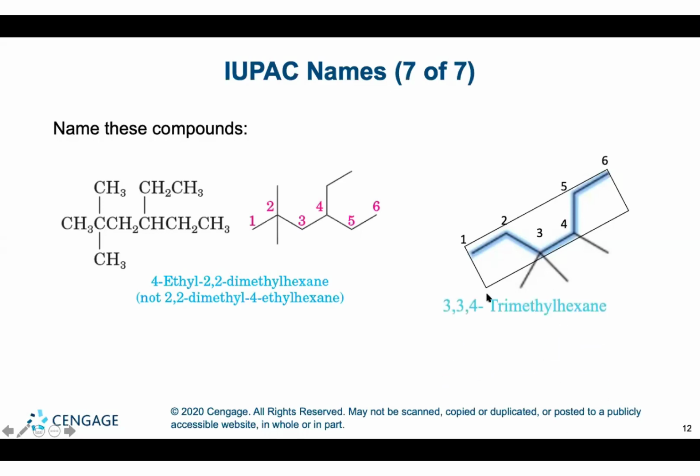So it's gonna be what? 3,3,4-trimethylhexane. Okay? Again, even you can put a box here to make sure what the branches are.